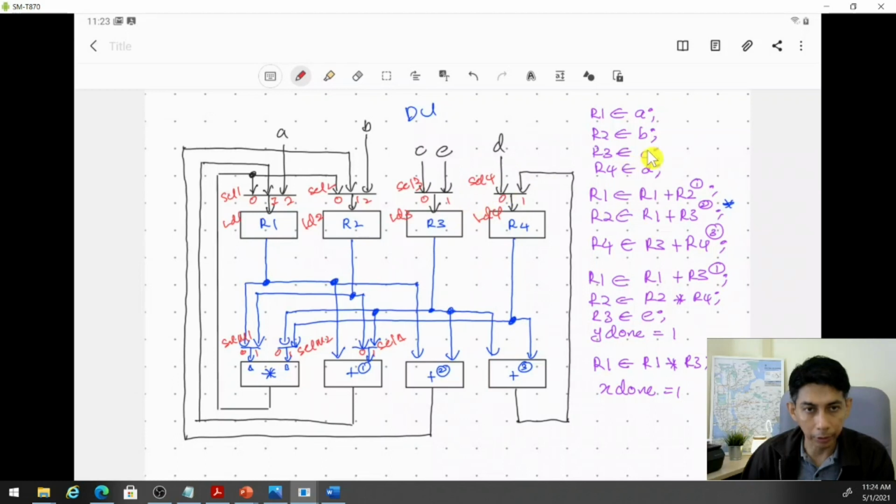For example, at cycle number 0, we want to load A into ART1, so which signal should we activate? It means that SEL1 should be equal to 2 and LD1 should be equal to 1, such that A here can be loaded to ART1. Okay, so let's do that.